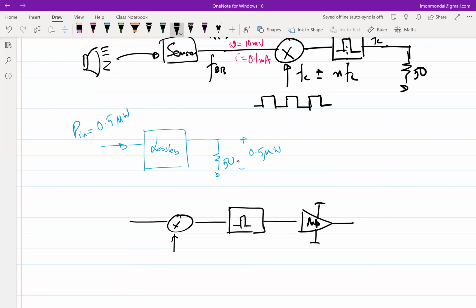The amplifier also needs a supply. So now the question is, what type of amplifier do we need?